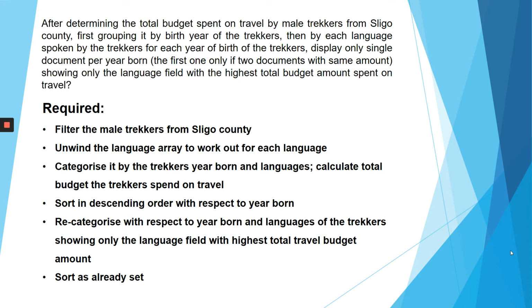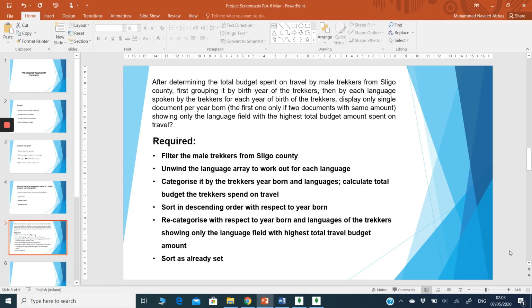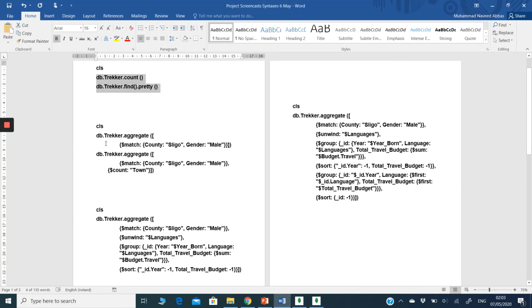After that, we have to recategorize with respect to year born and languages of the trackers, showing only the language field with the highest total travel budget amount. Finally, we have to sort it as already said. After having gone through the requirements, I will perform the segregation through the $match stage first and then combine it with other stages.